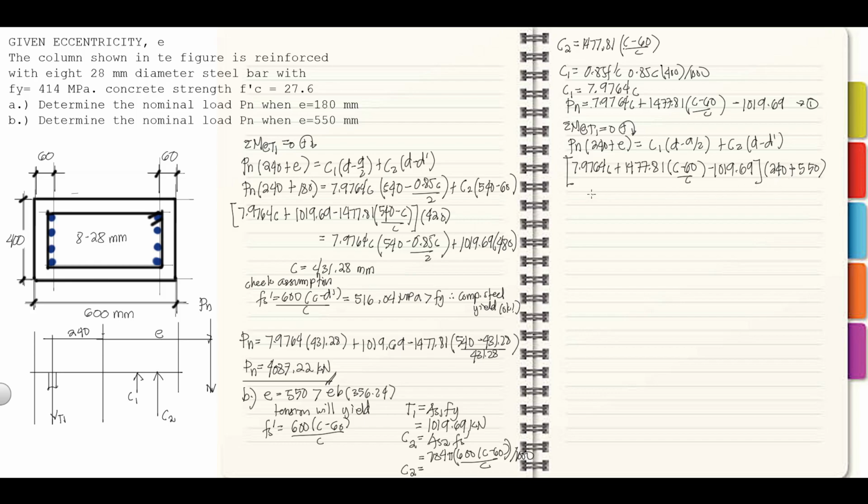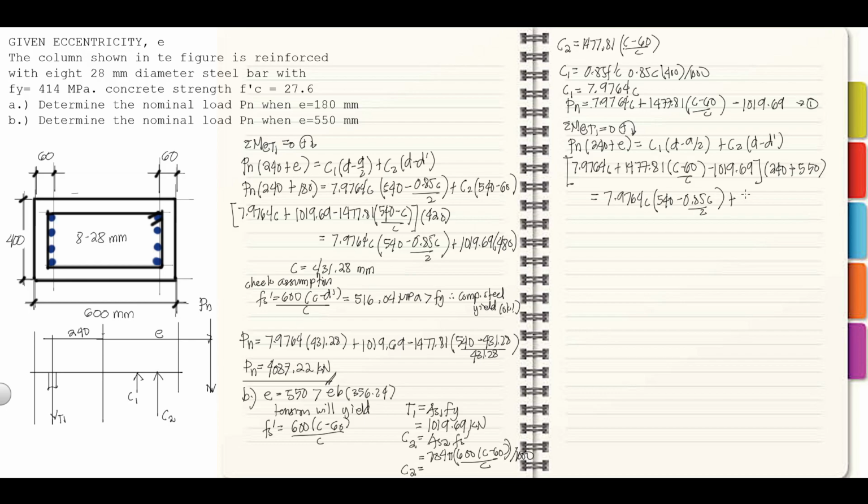Is equal to, wait natin sa C1. Ang C1 natin is 7.9764 C. Okay? Times D. So, 540 minus, ang A natin 0.85 C all over 2. Okay, plus C2.